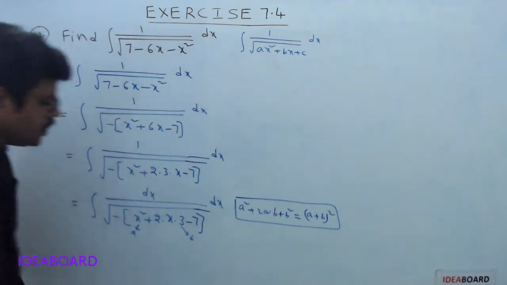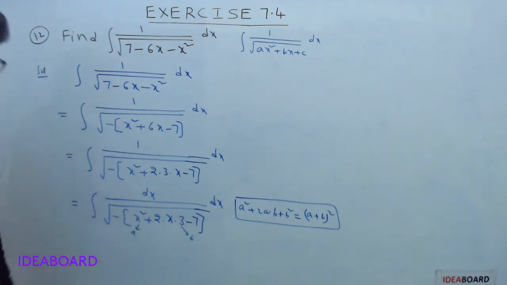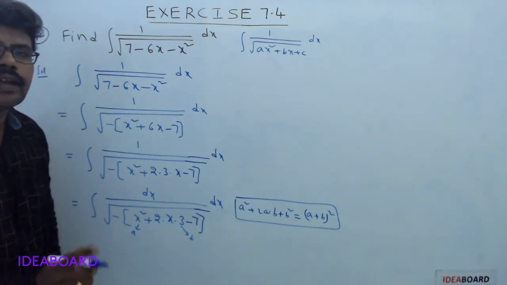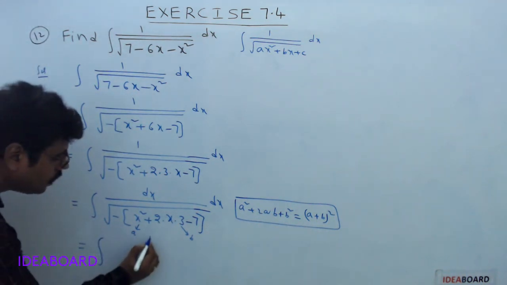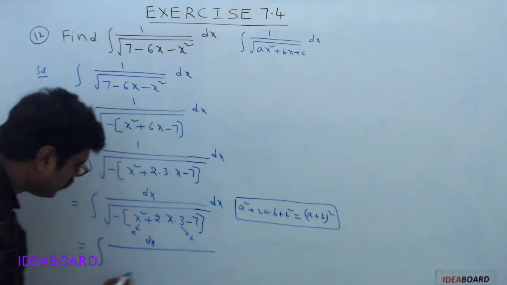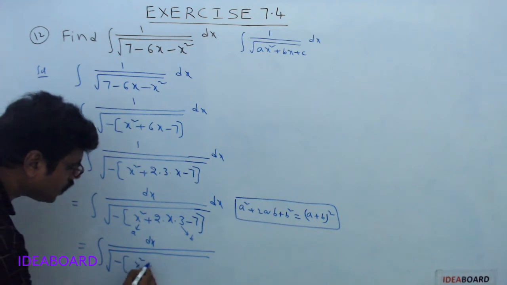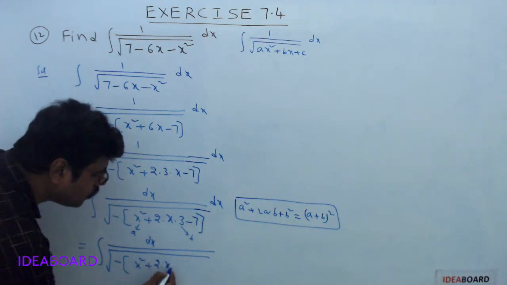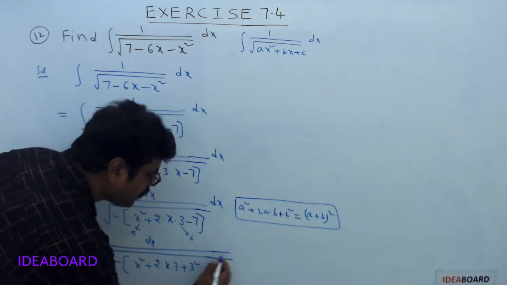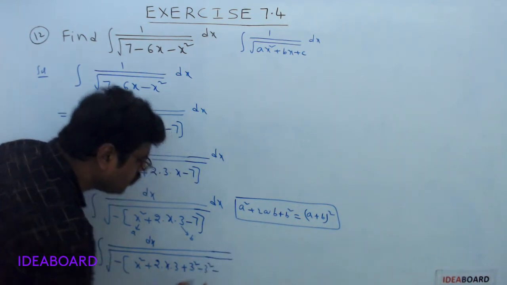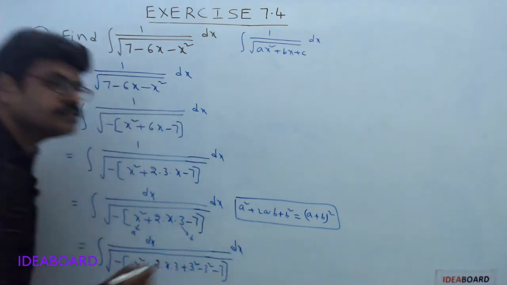So, here b square is nothing but 3 square. So, to convert this expression into a perfect square, you can add and subtract 3 square. Now, this is integral dx divided by square root of minus x square plus 2 into x into 3 plus 3 square minus 3 square, carry this constant minus 7 dx.